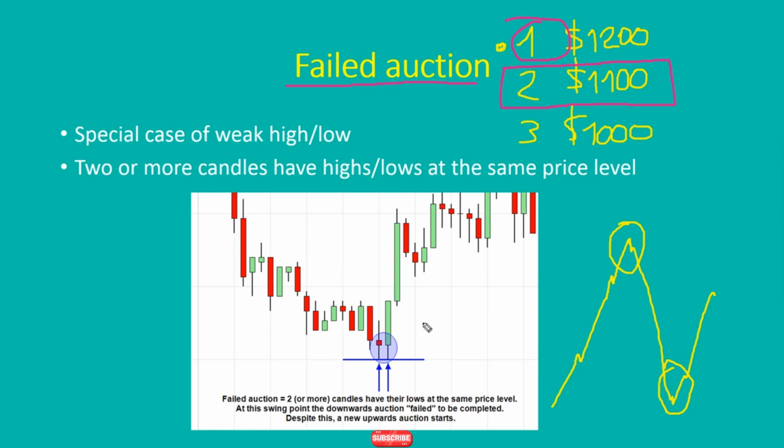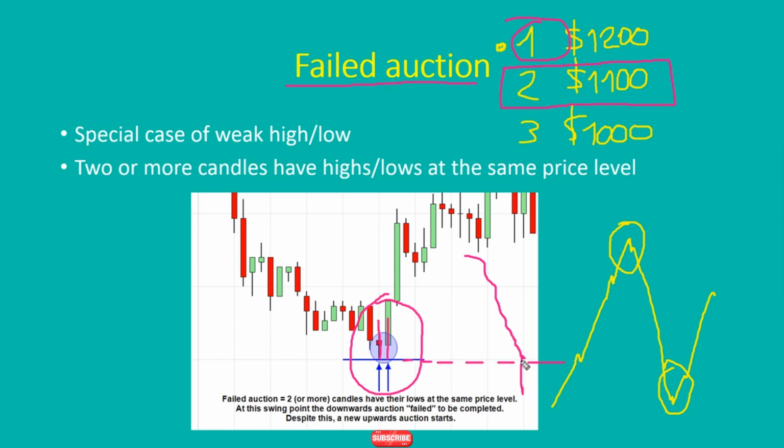So what usually happens is that after some time, the failed auction is transformed to a successful auction. So this is a failed auction. Those 2 candles have lows at the same price level, but after some time, the price will return back to the level and it will test below this level to create a successful auction.